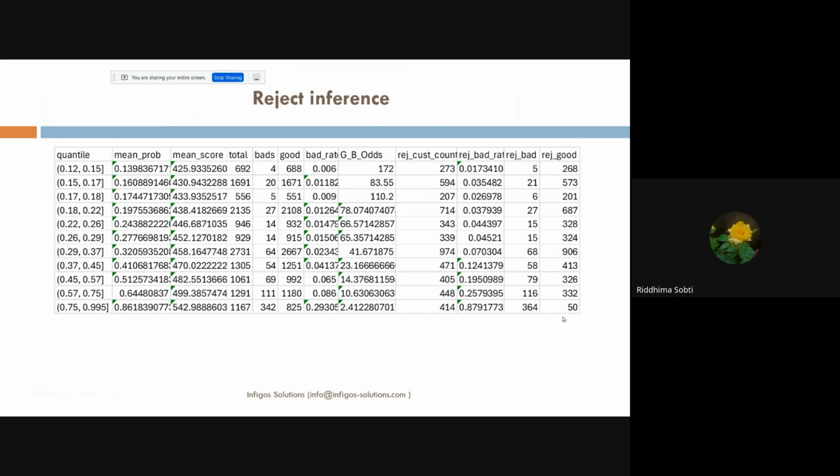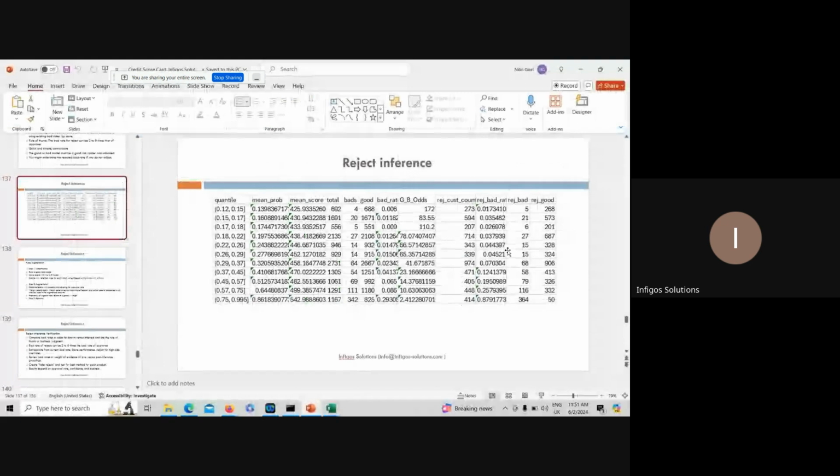Okay, so we are not combining the old population, known good and bad, with the inferred and then coming out with the bad rate? No, it is not. This is bad and good. This is inferred bad and inferred good. You will combine these two. I'll show you how it's done. Okay.